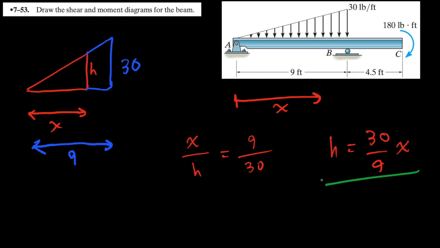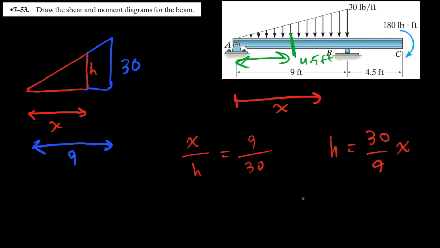This is super important because this h tells us the height of the triangle at a given section. So if I section here, then we know that this height is given by this function. If this is a 4.5 foot distance from this location, then we would simply use this h equation to get the height of the triangle here.